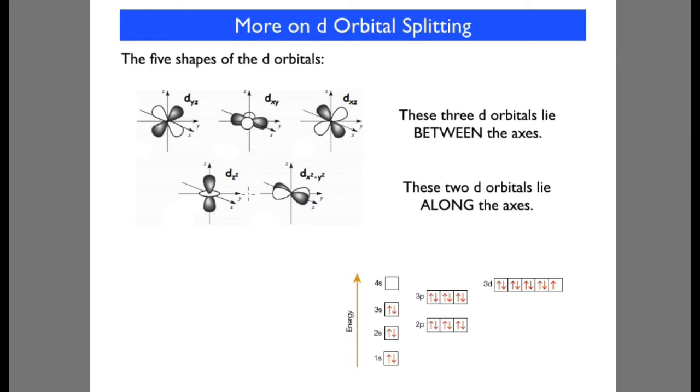However, the other two, the d z squared and d x squared minus y squared orbitals, lie along the axes, so you can see the orbitals actually on the axes here. In a free ion, all the d orbitals have the same energy, and so all sit like this here. Degenerate.